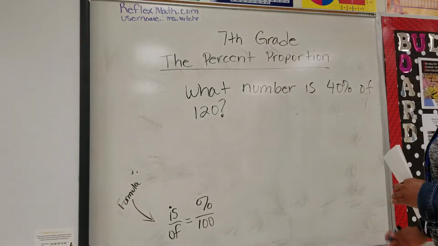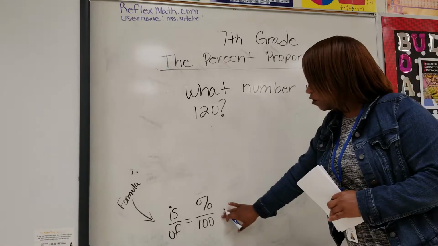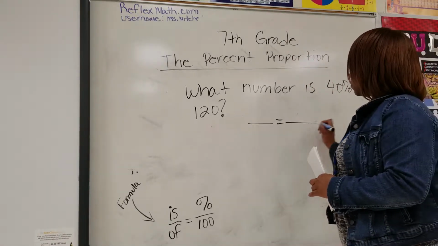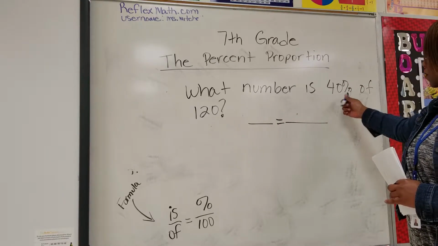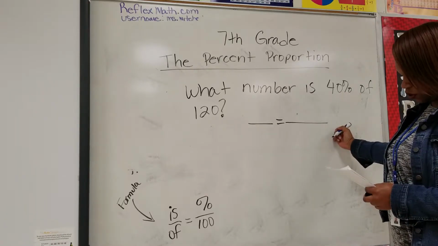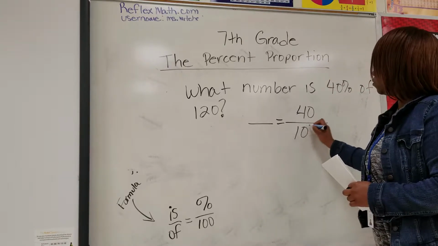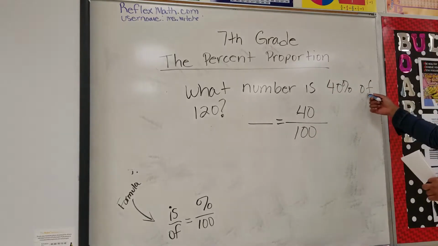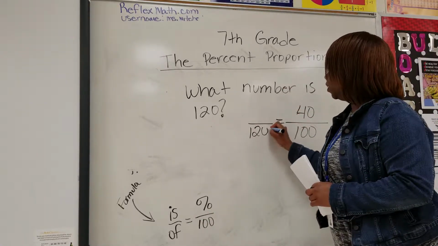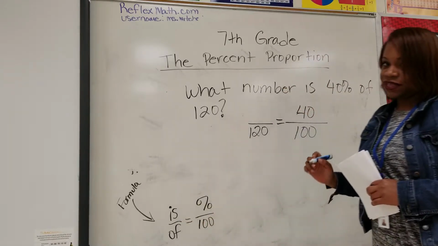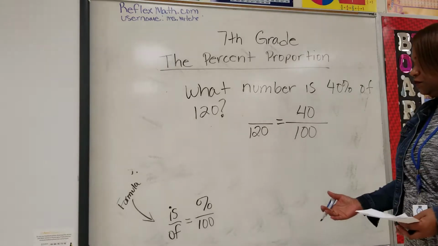So here, what number is 40% of 120? So remember, still following our formula. What number is 40%? So we now have a 40%. And we know that this is going to be 100. Of 120. So we have our of. We just don't know what our is. And so we'll represent that number with the variable because it is unknown.